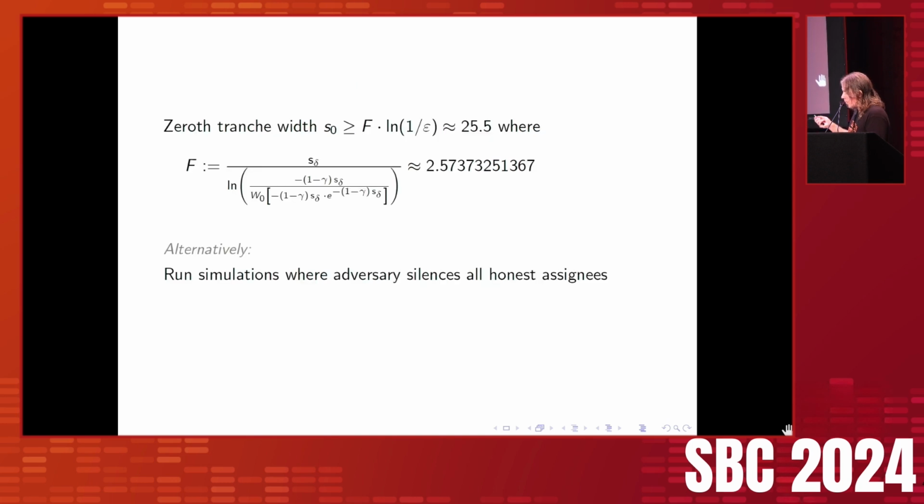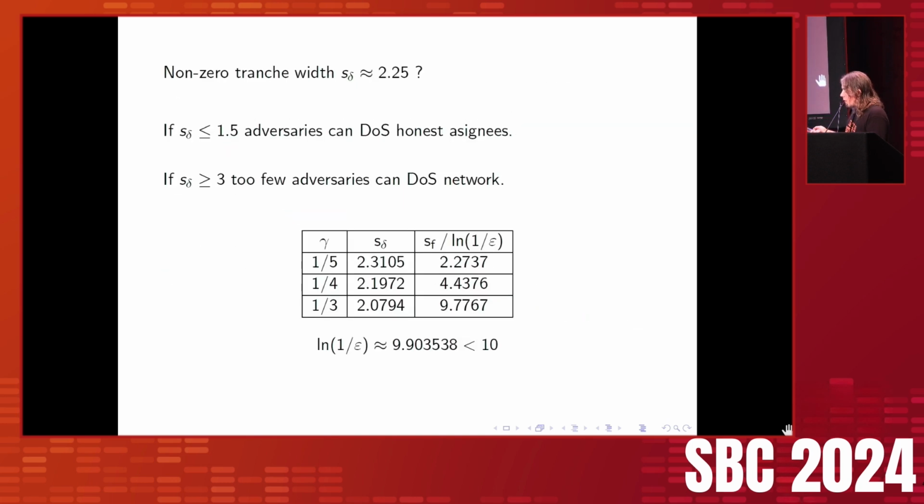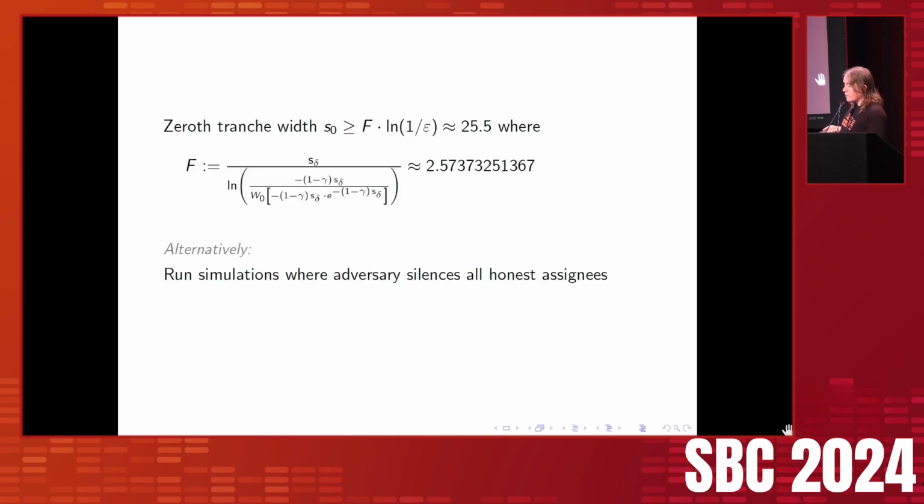So that was one important thing: the size of these tranches after 0. How big do they have to be? The other question is, how big does this first tranche of checkers have to be?